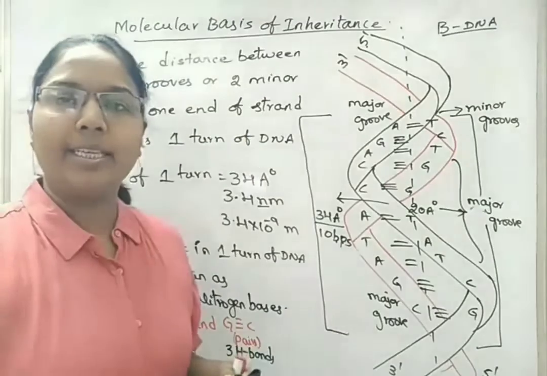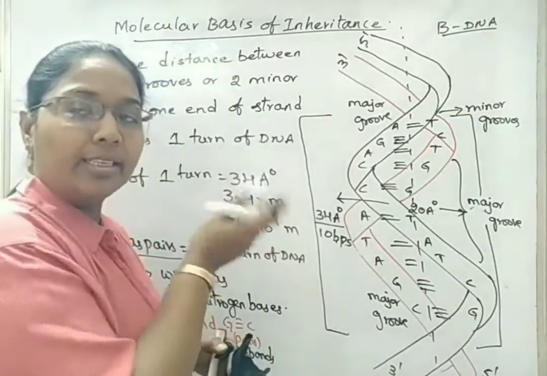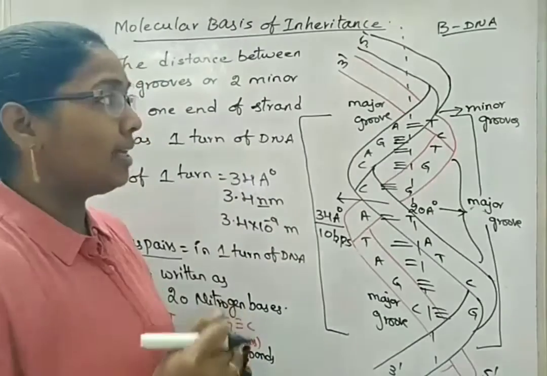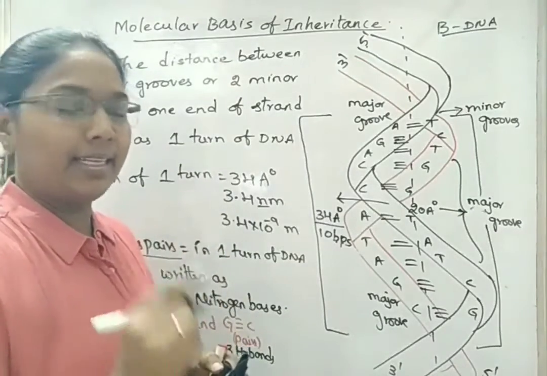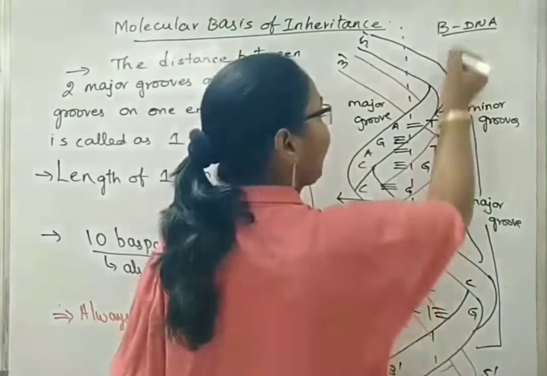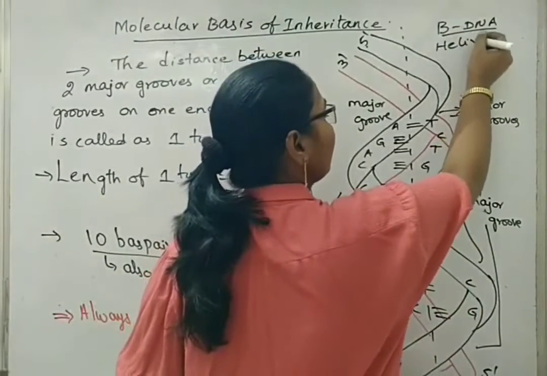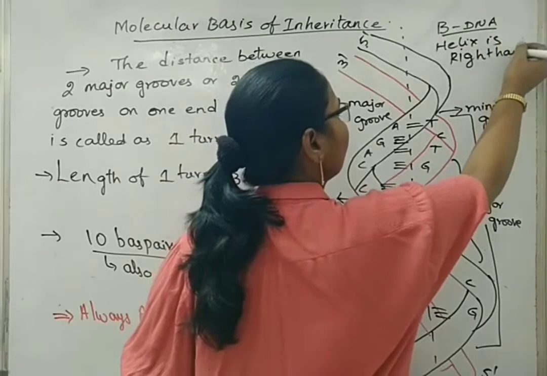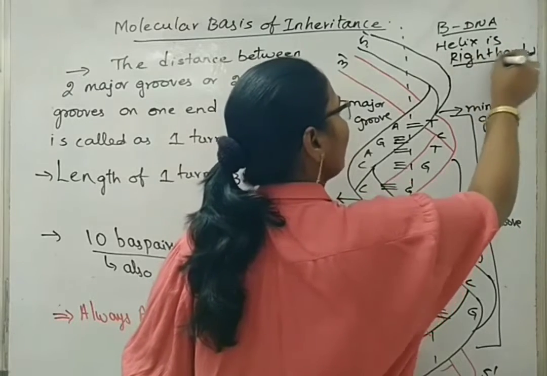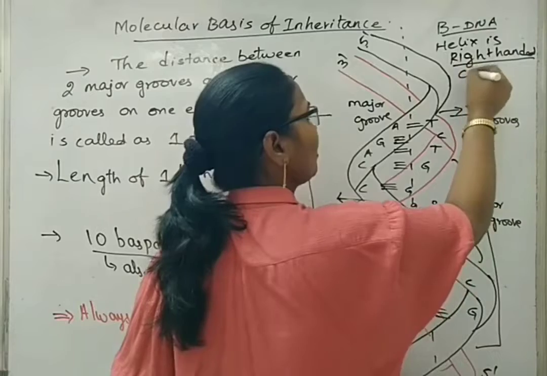In case of B DNA, the helix or the coiling is in the clockwise direction, a right-handed helix. It is also used with another term, that is clockwise.